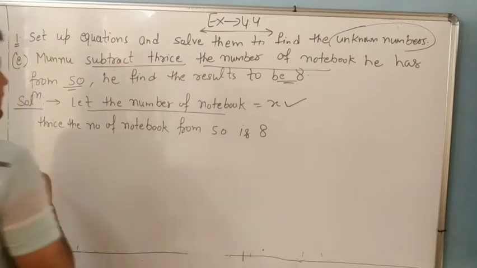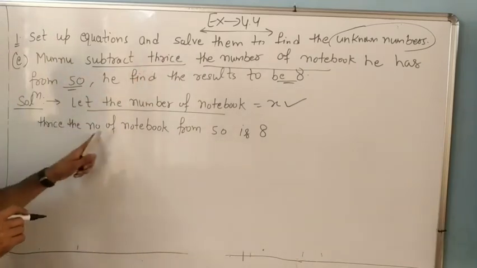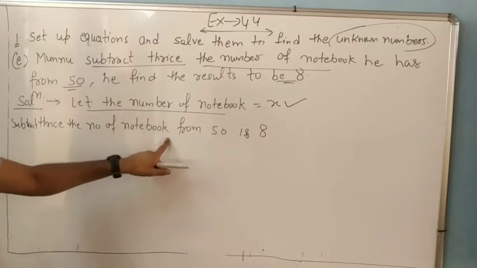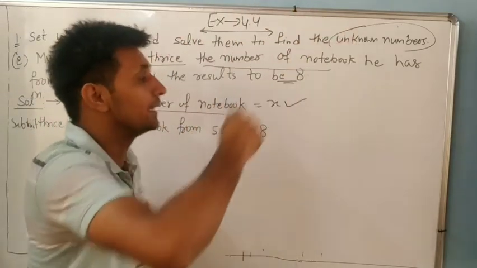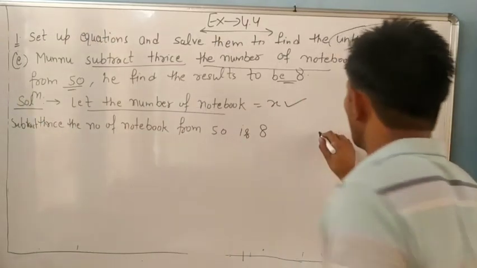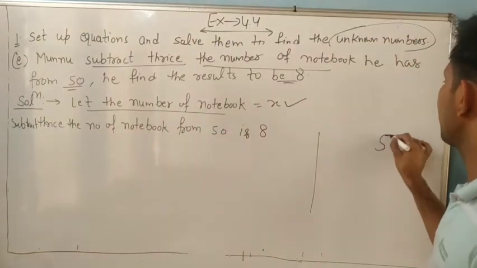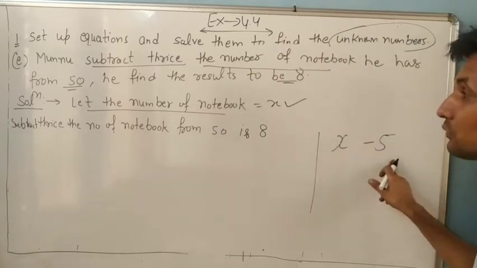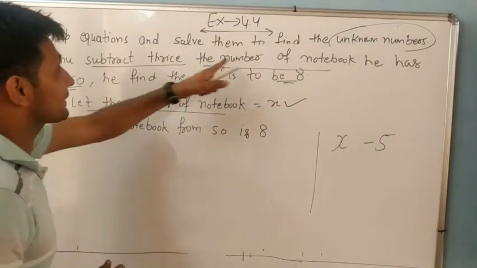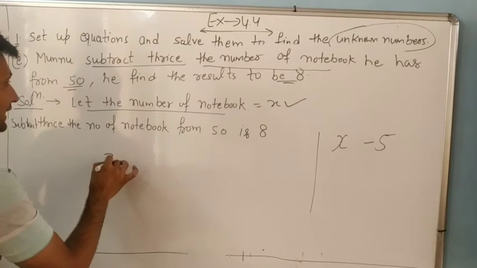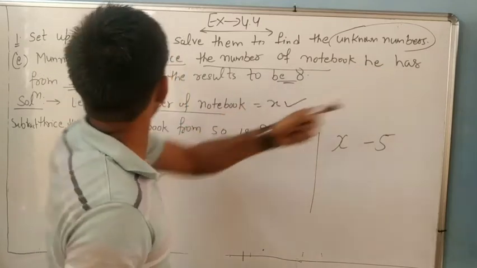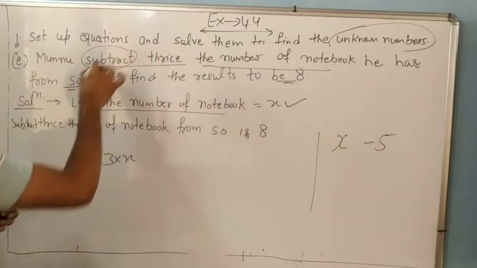Now what is given? Subtract thrice the number of notebooks from 50. If I say subtract 5 from x, we write x minus 5, the same as it is. Here we have to subtract thrice the number of notebooks from the total of 50 books.